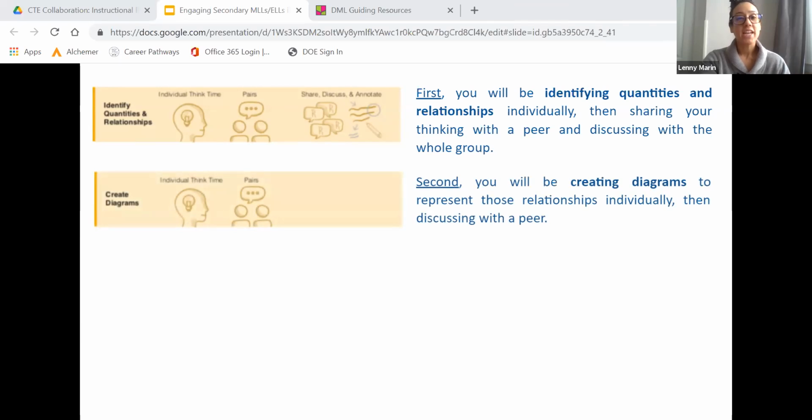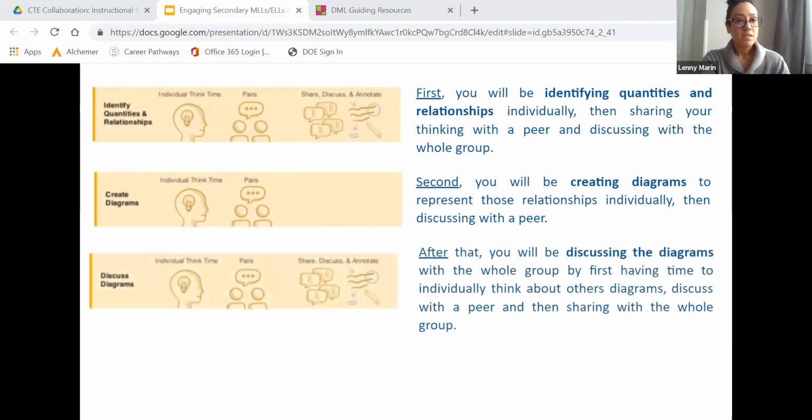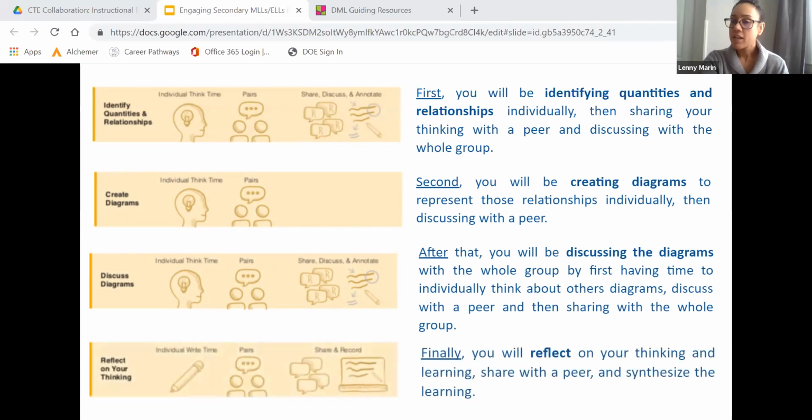Secondly, you will be creating some diagrams to represent those quantities and relationships, and then you'll be discussing with a peer again. After that, you will be discussing the diagrams with the whole group, and again you will be engaging in this cycle of individual time, pair, and then discuss. And finally, we'll end our routine with some reflection on today's learning.